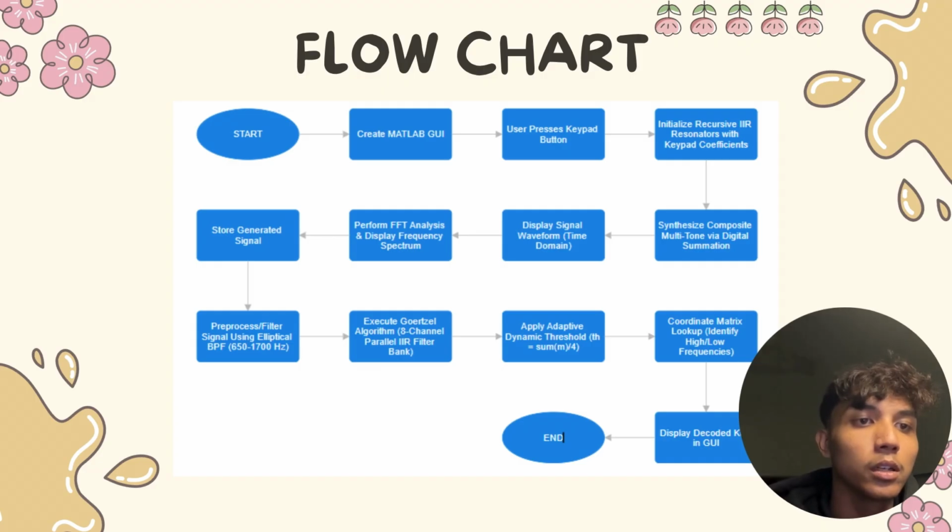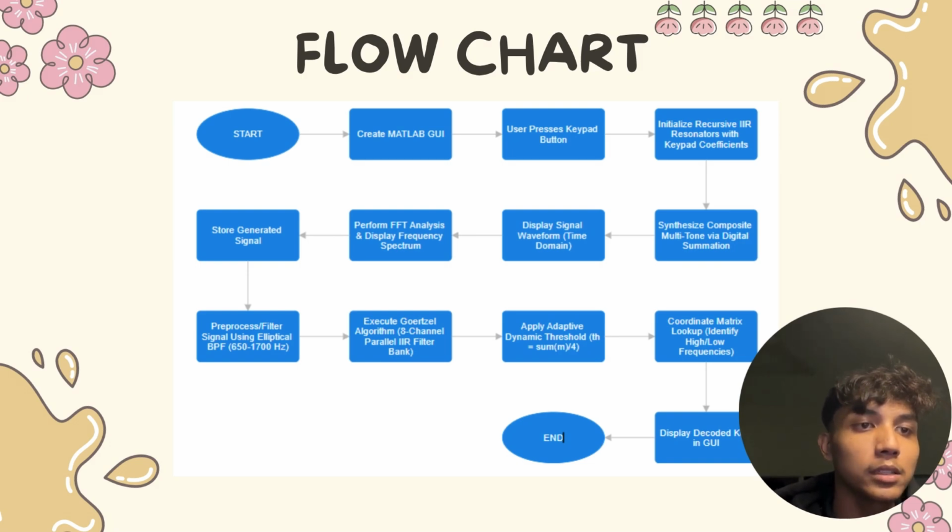Then real-time FFT verification. The system truncates initial samples to eliminate key bounce noise, then runs a block segmented FFT to display clear frequency peaks from 500 until 2000 Hz for visual validation.